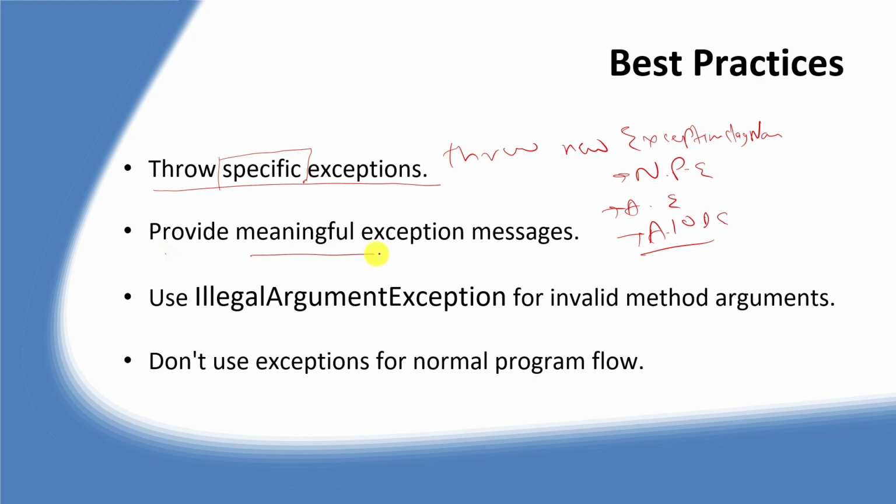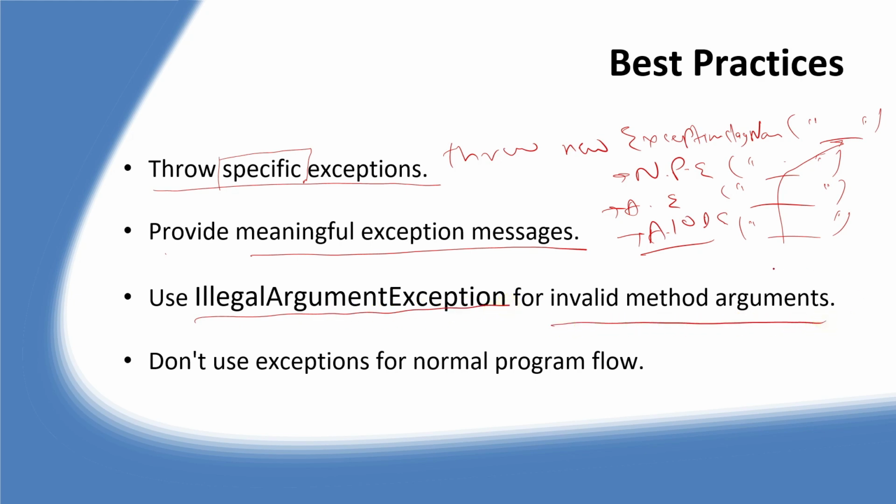Provide meaningful exception messages. So after writing exception class name, we need to provide a message. Why are we getting this exception? What is the reason behind this exception? So those messages should be meaningful. And use illegal argument exception for invalid method arguments.